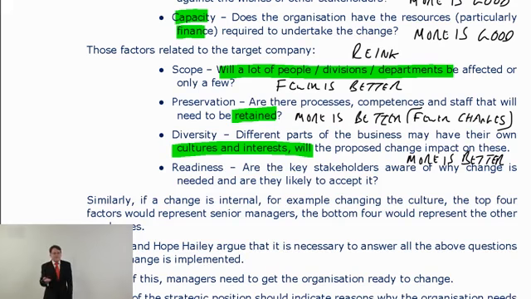Now, if I give you an example of this from an old exam question, it was about an acquisition. And it said the managers of the company that was being acquired, so these are the people who are affected by the change, had all gone through the same management training program. They had all been trained by the same people.